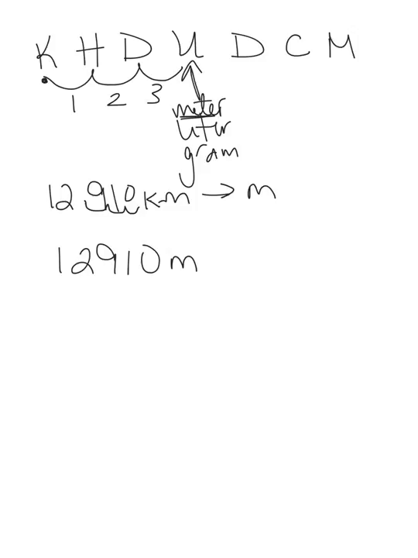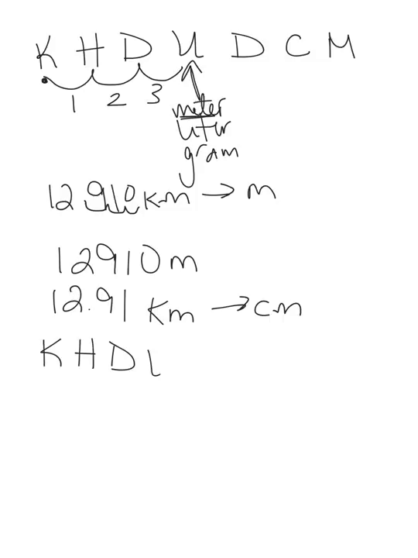Okay, how about if we want to convert that 12.91 kilometers into centimeters? Okay, same starting point, but we want to go from kilometers to centimeters. Once again, we're going to have our chart here, K H D U D C M. We are going from kilometers to centimeters.